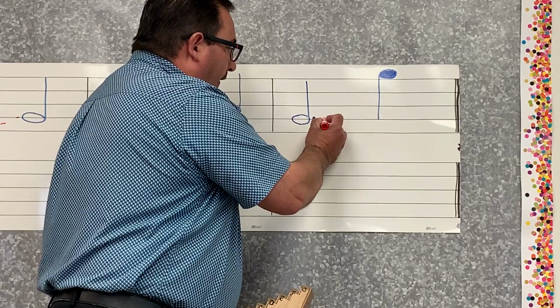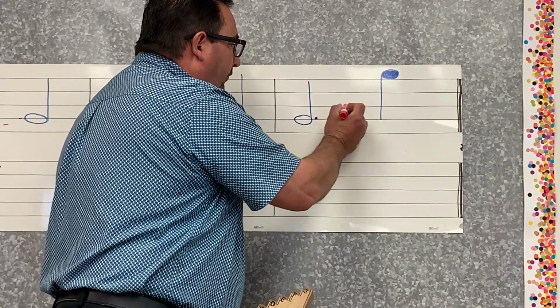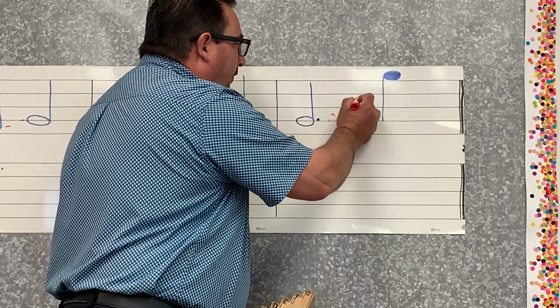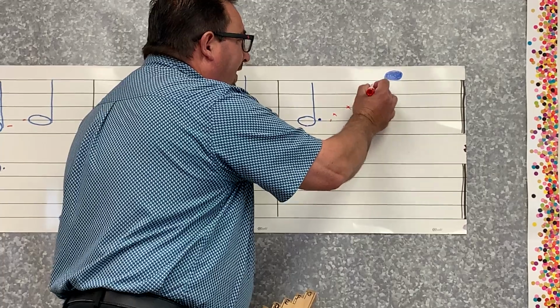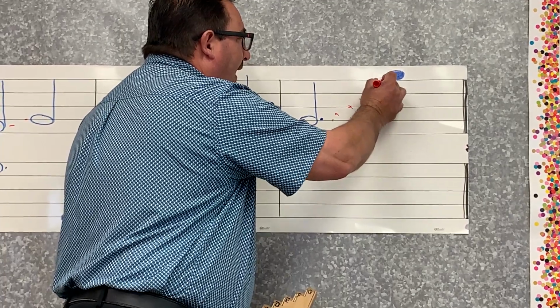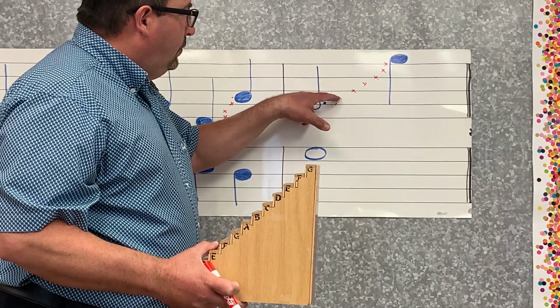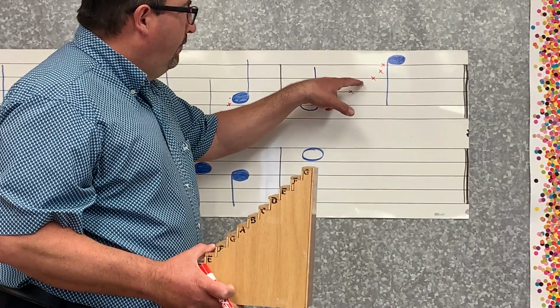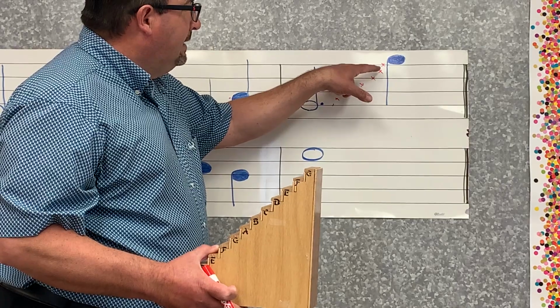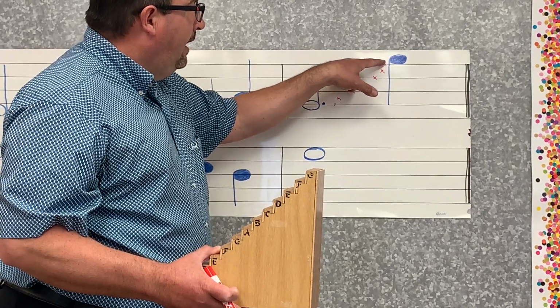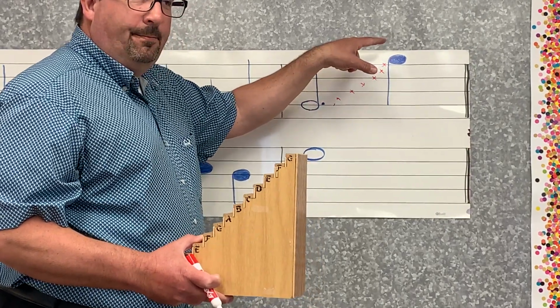So we have a line, space, line, space, line, space, line. Let's count. 1, 2, 3, 4, 5, 6, 7, 8.